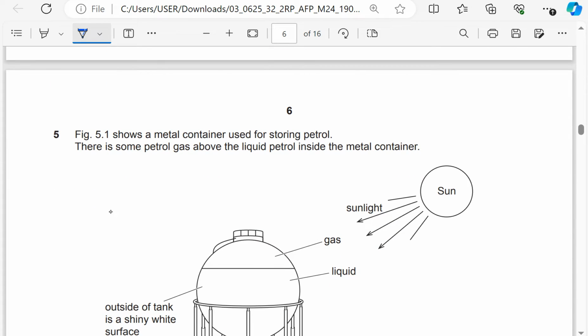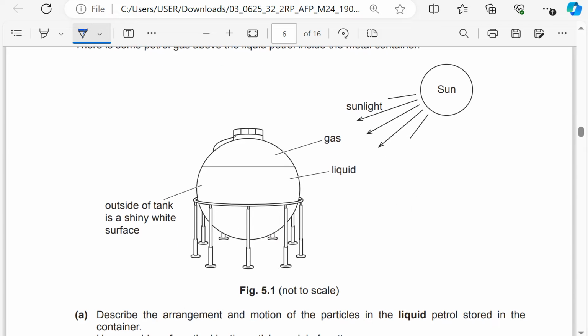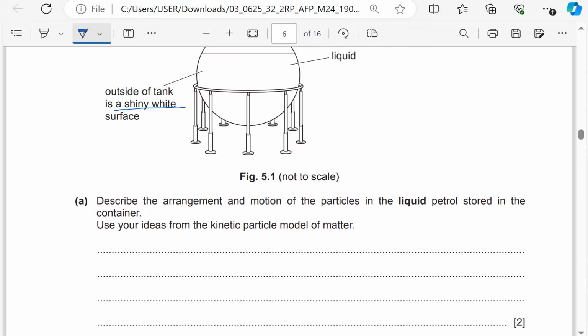The figure shows a metal container used for storing petrol. There is some petrol gas above the liquid petrol inside the metal container. Outside of the tank is a shiny white surface. Describe the arrangement and the motion of particles in the liquid petrol stored in the container.